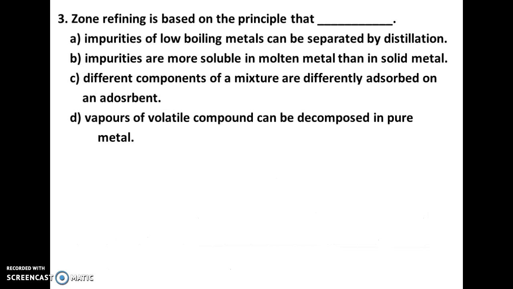And the third question is, zone refining is based on the principle that dash. Option A, impurities of low boiling point metals can be separated by distillation. Option B, impurities are more soluble in molten metal than in solid metal. Option C, different components of a mixture are differently adsorbed on the adsorbent.